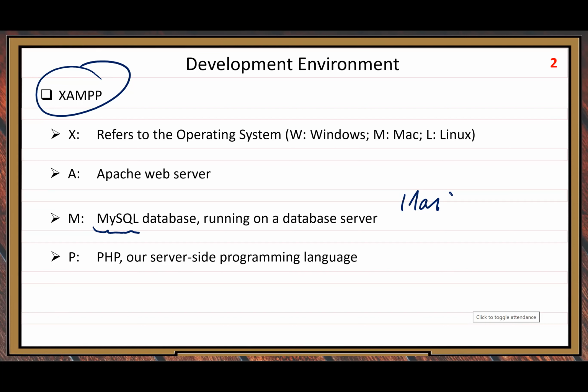But XAMPP is public domain software. So in order to make sure everything inside XAMPP is in the public domain, the MySQL developers, creators, made a new DBMS called MariaDB. Slightly different.